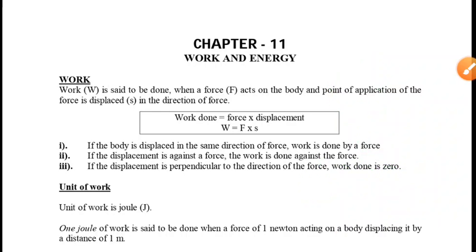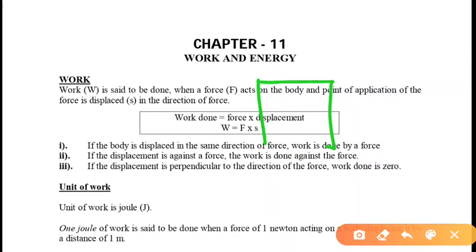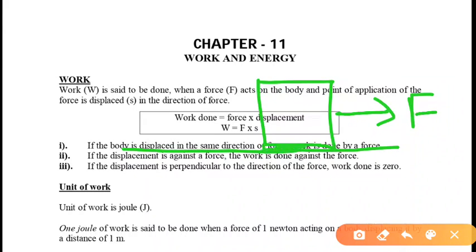Next is negative work. Suppose this is a body that is kept on a bench. You are applying a force in this direction, but there is friction, due to which you are not able to move it fast.